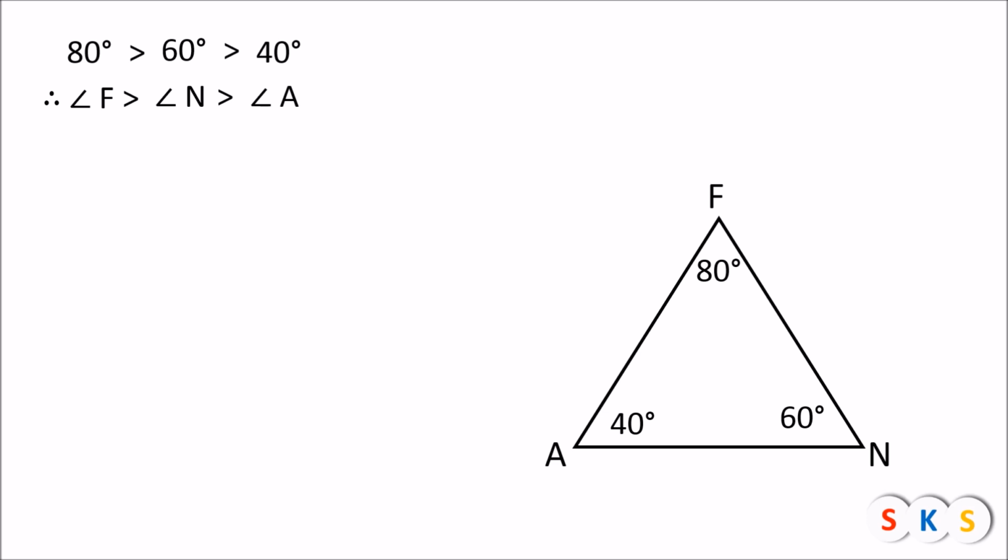So which angle is greater among these three angles? Angle F. And which is the side opposite to 80 degrees? AN. So AN is greater than FA, because angle N is 60 degrees. And what is the side opposite to angle N? Which side is opposite to angle N? FA. So we write FA greater than the side opposite to angle A, that is FN.